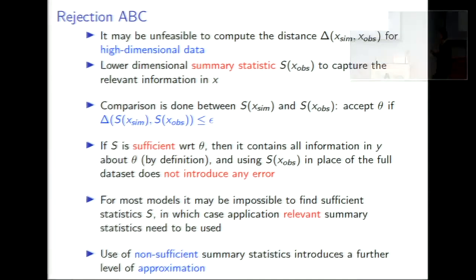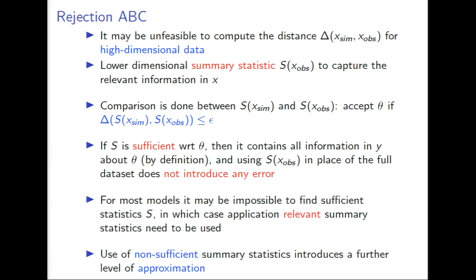And when practitioners calibrate their model by trial and error, they know precisely what are the features of the data that they want to be reproduced by the calibrated model. So they know what are those summary statistics that they want to be preserved. We call those features S, and now the comparison between the observed and the simulated data will be mediated by these summary statistics S.